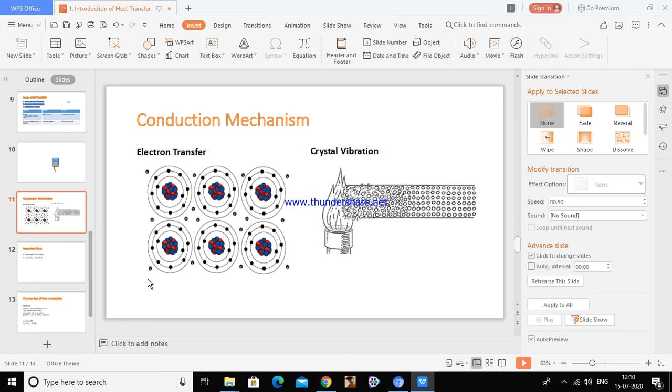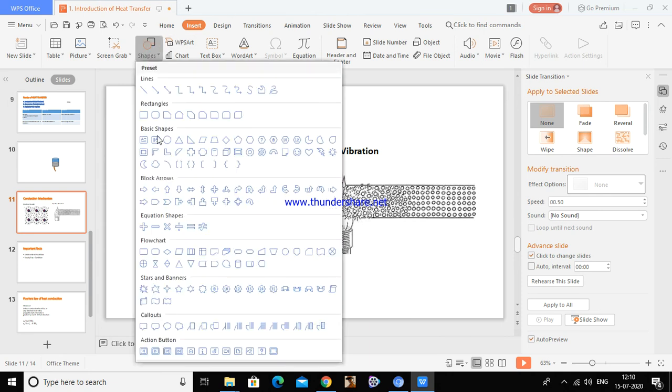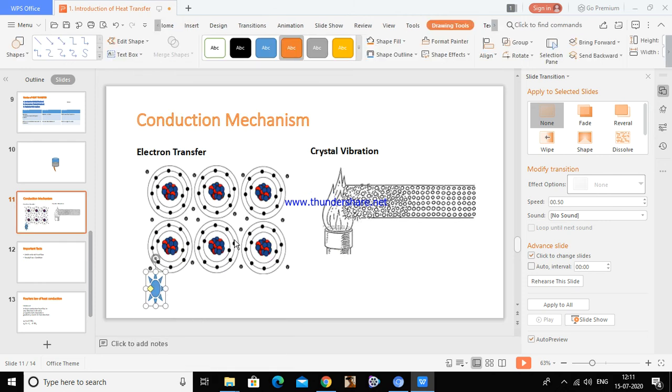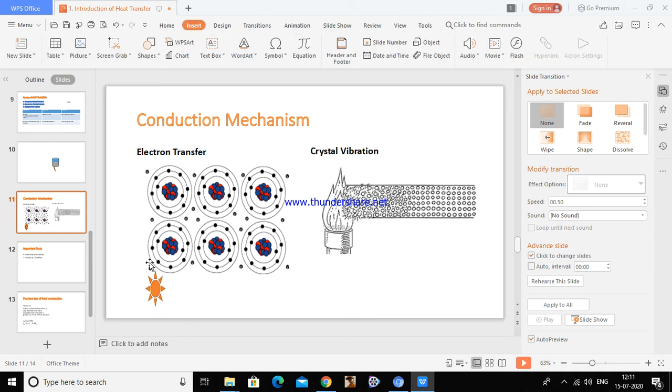Now when we provide heat at this bottom of the metal, these electrons carry the heat and through the valence they get the energy. After getting energy they get excited, and to lose that energy they move towards the other point, which is cooler.